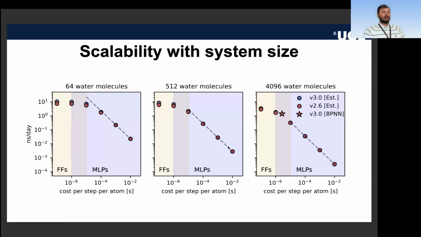So simply put, it's almost like there's no bottleneck from Python. And of course, if you go to even bigger system sizes, so 4096 water molecules is 10,000 atoms, again here you see that it's basically an ideal scaling.